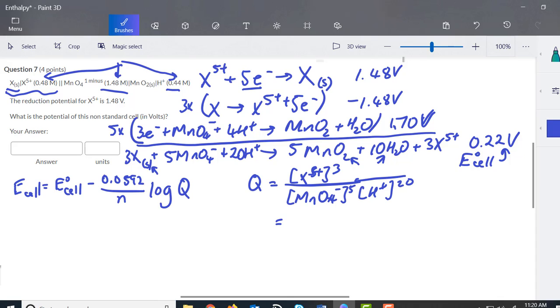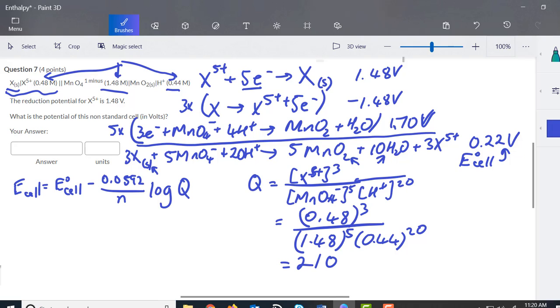Now the X5 plus, that's 0.48. Not going to worry about units here. Q doesn't need a unit, so I won't worry about the molar here. So I'm just substituting in these values as they appear in the problem. And we'll end up here with 210,553.